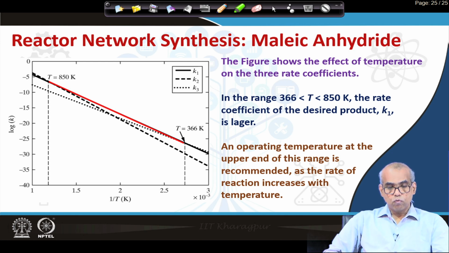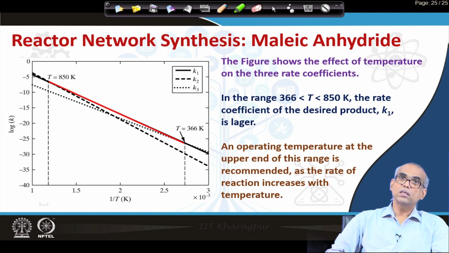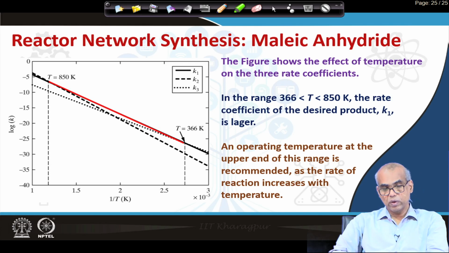So, for various values of temperature, I plot how the rate constants K1, K2, K3 vary. We are interested in the desired product maleic anhydride and the corresponding rate constant K1. The plot is 1 by T in Kelvin versus log of rate constants K1, K2, K3.